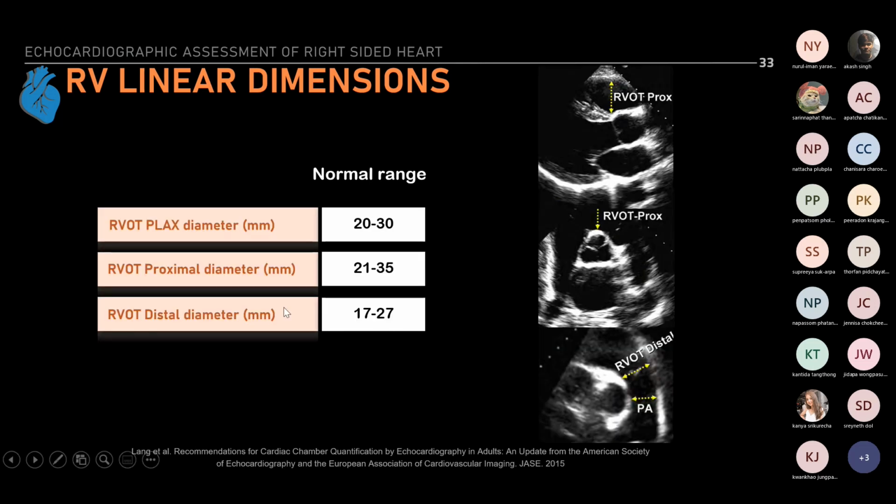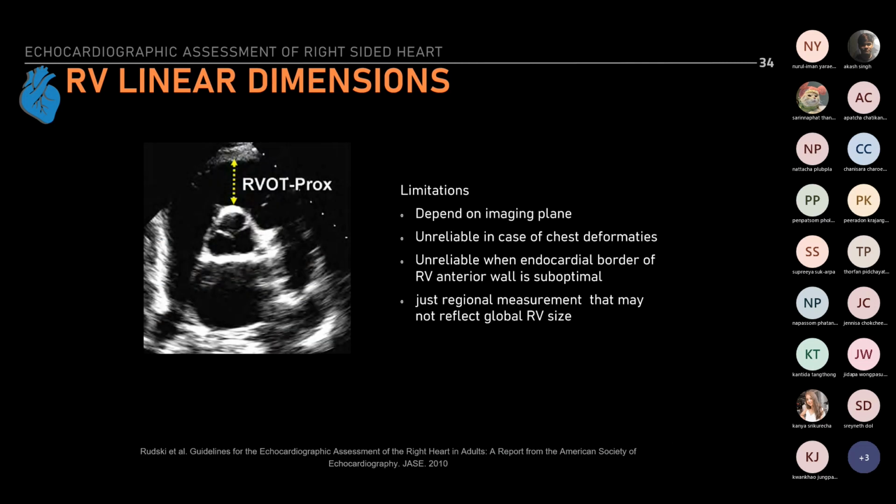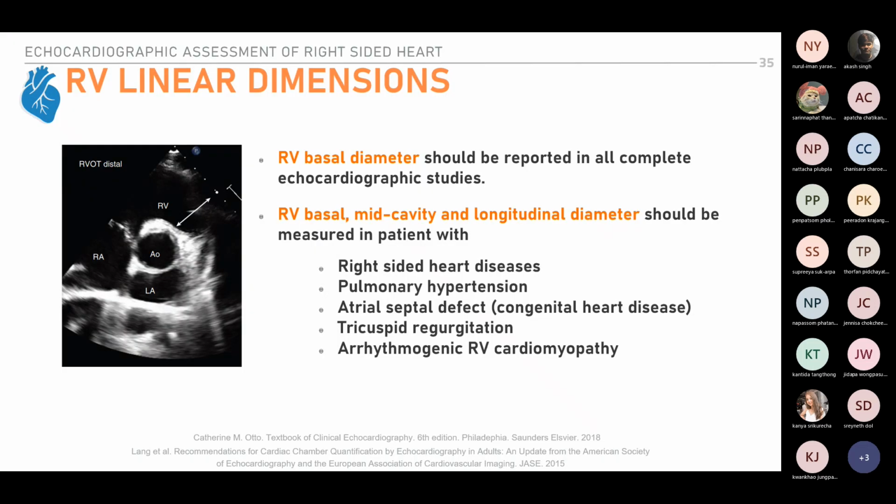And these are the normal values of proximal and distal RVOT. These linear dimension measurements are regional measurements and may not reflect global RV size or global RV function.